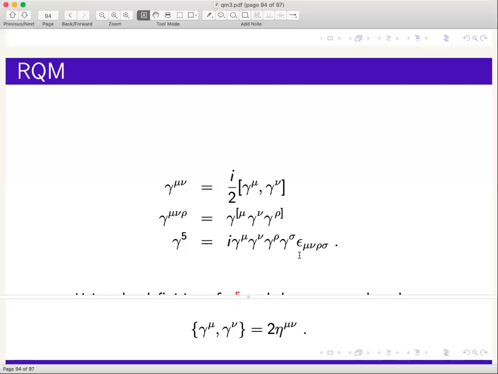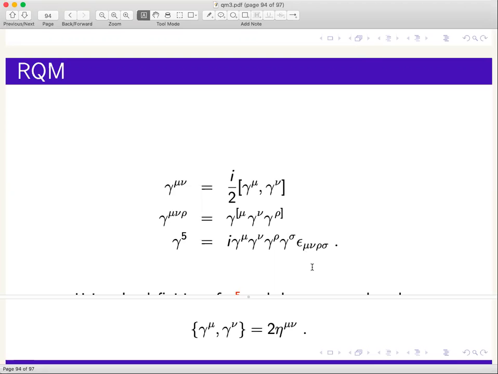That means if you exchange mu nu, or nu rho, or rho sigma, or whatever, under every exchange of indices it flips sign. So if you choose epsilon 0123 to be plus 1, then under any even permutation, that means any even number of exchanges, epsilon would be positive.